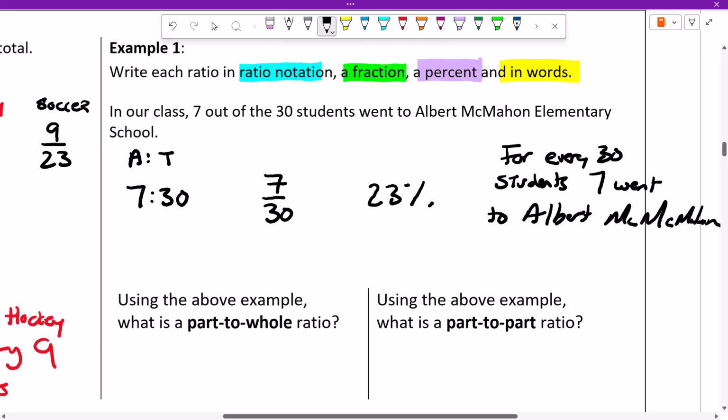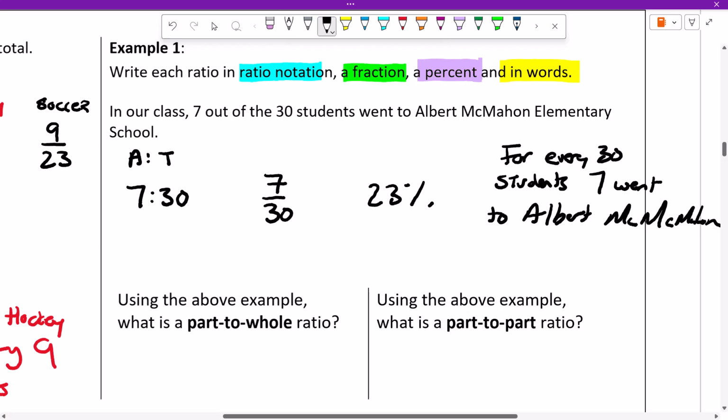All right. Now, so our first lesson is on ratios. And there are 2 different kinds of ratios. There's only one kind of fraction, because fractions are comparing what you're counting to the total. Ratios are more flexible.